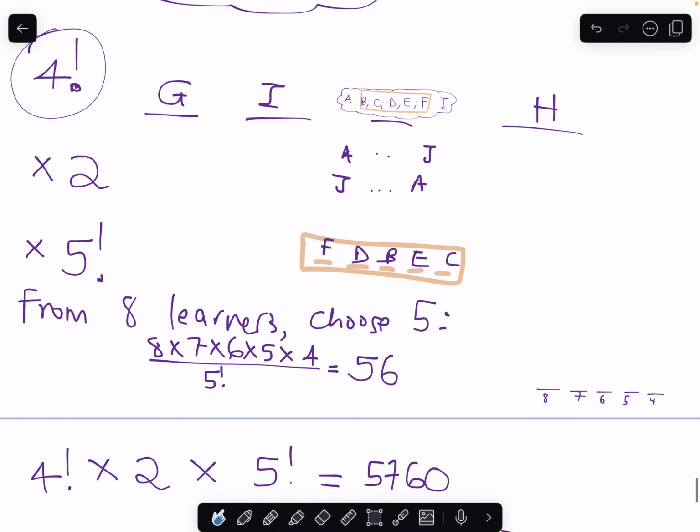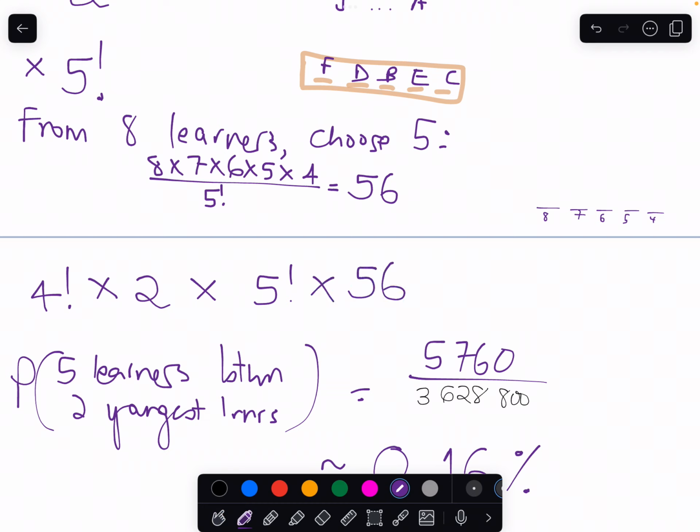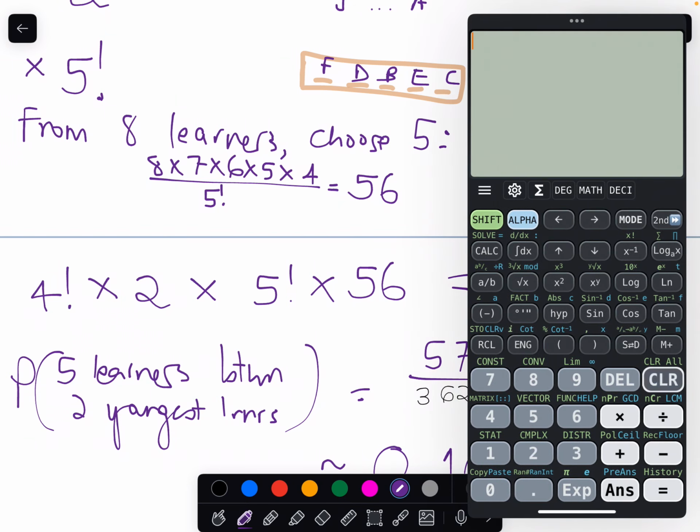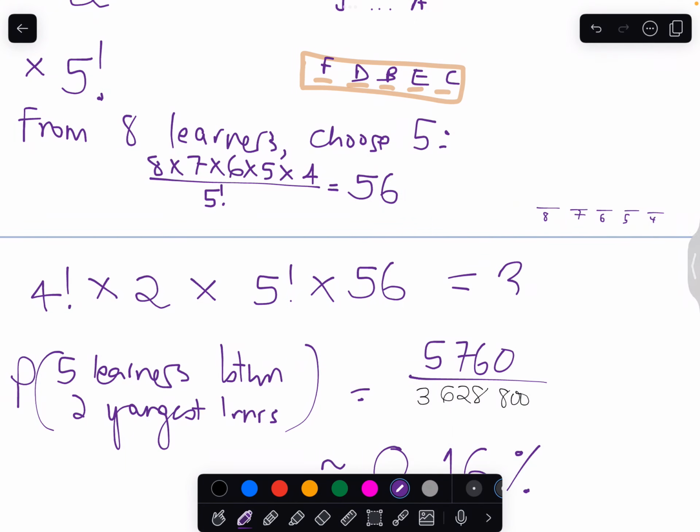So then we need to revise this one, to say the number of arrangements possible where there are 5 learners standing between the 2 youngest learners. That is going to be 4 factorial times 2 times 5 factorial times 56. So that's 322,560.